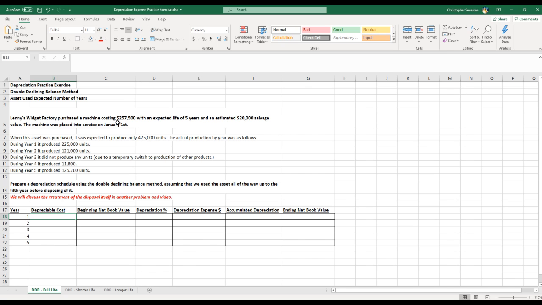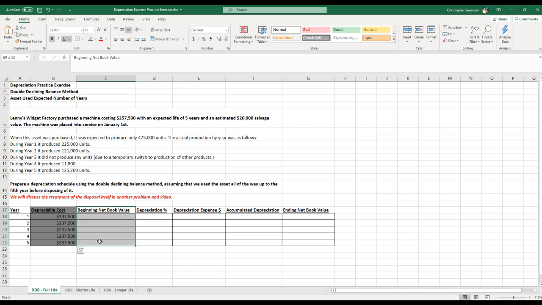So in this case, it's $257,500 minus $20,000, and it's going to be the same every year. But again, I want to stress for double declining balance, it's really kind of irrelevant data. I put it in here just to show the distinction between the two methods, but it's not really needed for the double declining balance method.